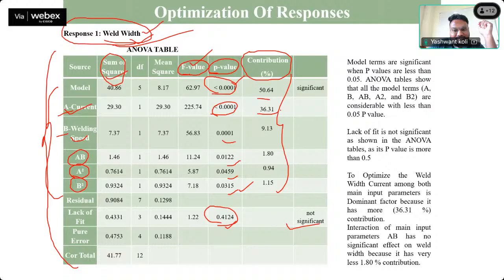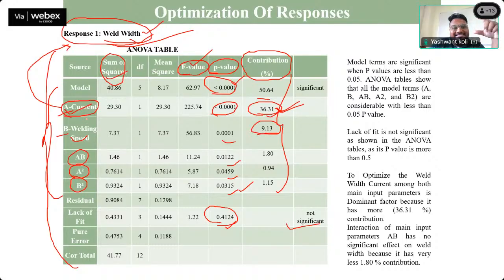Suppose for current the value is higher, 36.31 percent; that is the contribution that we have to calculate. This percentage is higher than welding speed. Welding speed has only 9.13%. So 36.31% means that current is the dominant factor for controlling weld width.